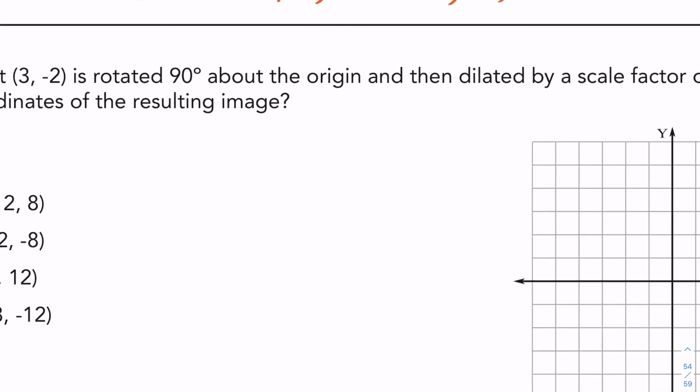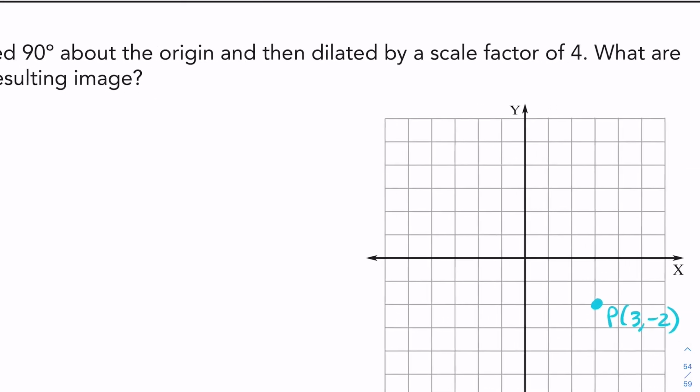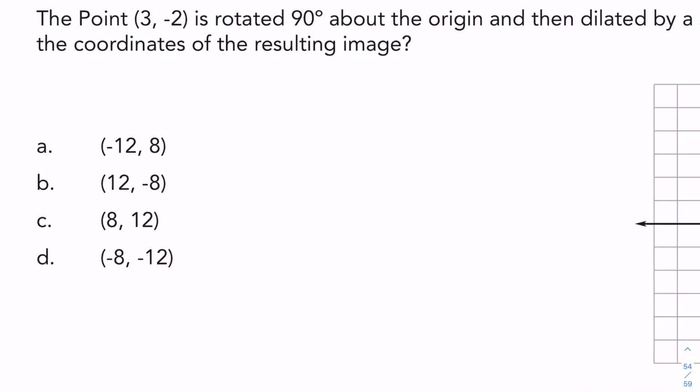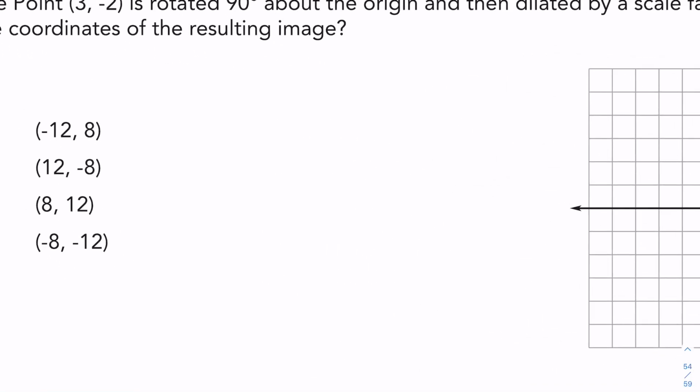The rotation rule for 90 degrees is opposite y, comma x.